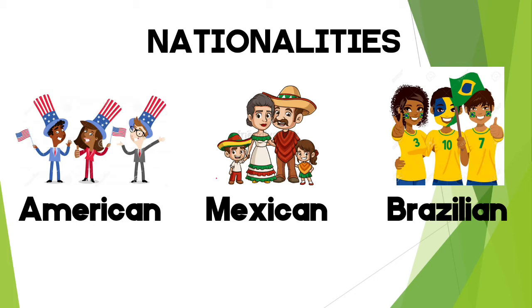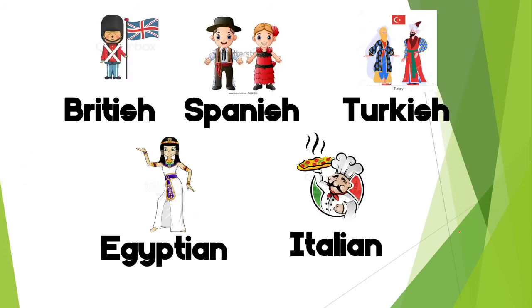Okay, so if you are born in America, you will be called American. Okay, if you are born in Mexico, you are called Mexican. If you are born in Brazil, you are called Brazilian. Next we have, for people who are born in the UK, they are called British. And it is also related to your genetic.